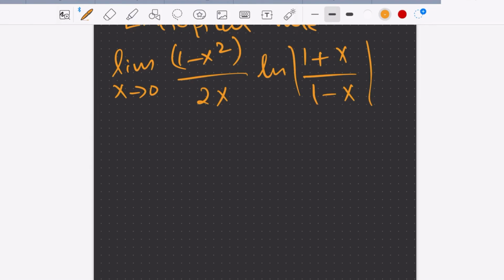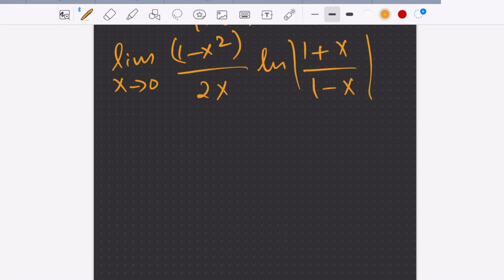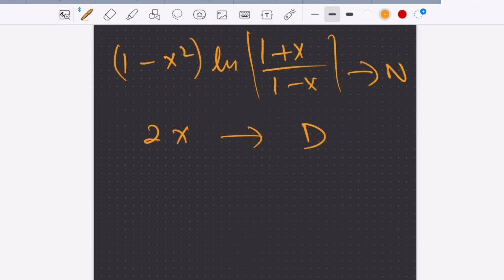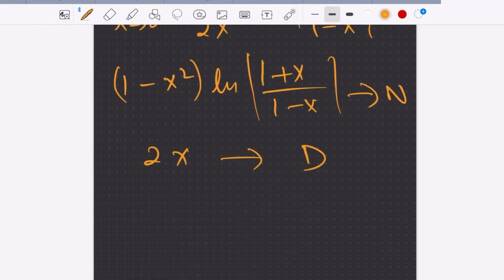So for this function, the numerator is (1 minus x square) ln of (1 plus x) minus x. This is the numerator, which I will represent with n, and 2x is the denominator, which is represented by d. So I have to take the derivative with respect to x, of both numerator and denominator separately.